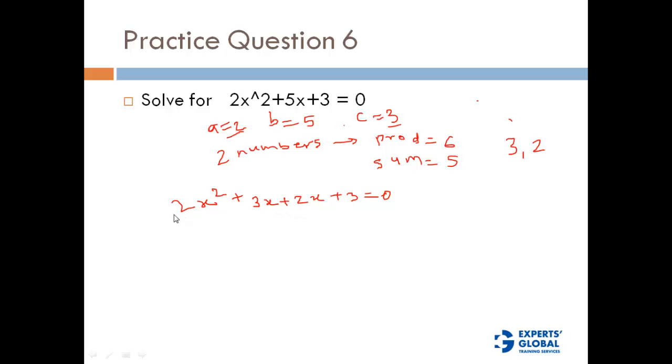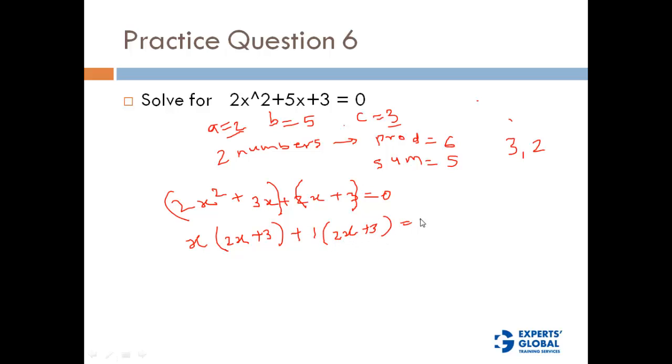correct? So we'll look at these two terms separately and these two terms separately. What do we have common in 2x square plus 3x? We have x common. So what we have inside the bracket is 2x plus 3, correct? And in 2x and 3 we don't have anything common, so we say 1 into 2x plus 3.